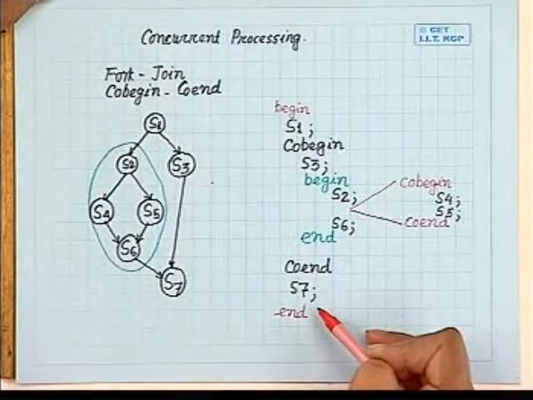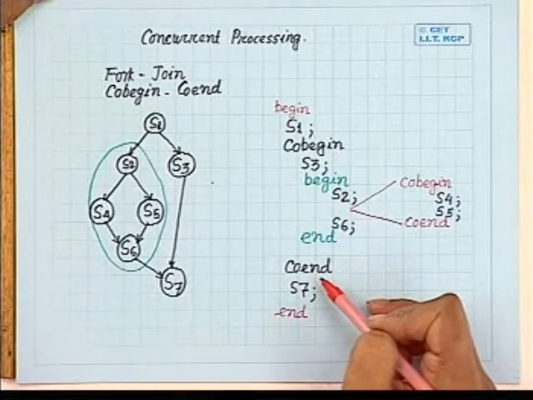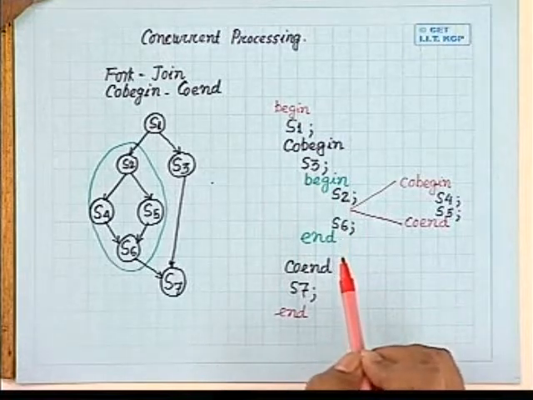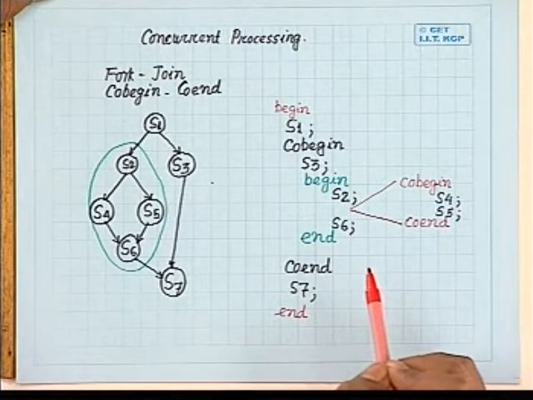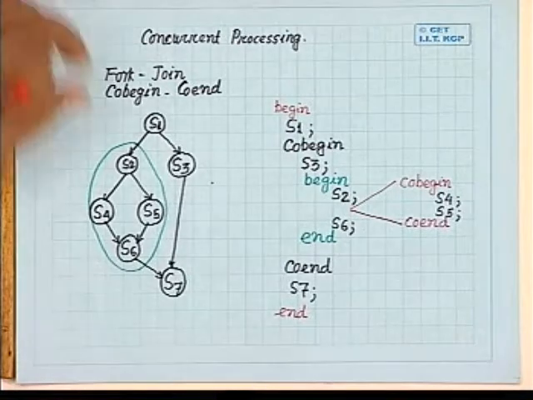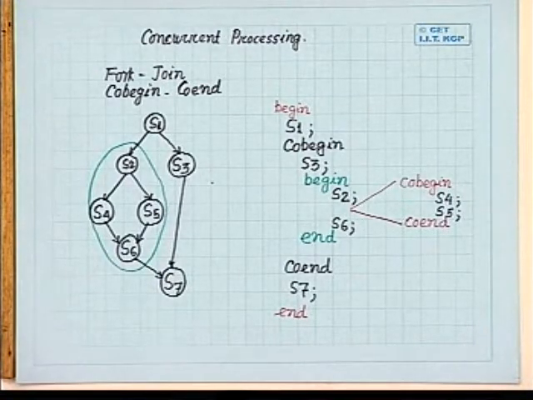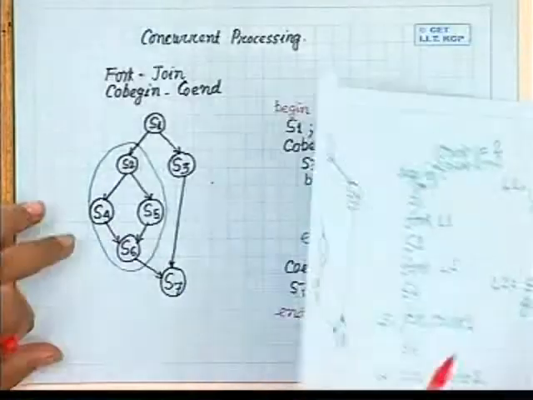Now there is a marked difference between the fork join structure and the co-begin co-end structure. In case of fork join structure, let us look at that previous example. Here it is the same precedence graph.